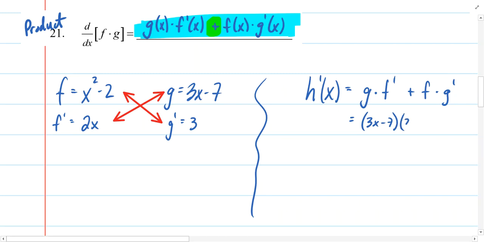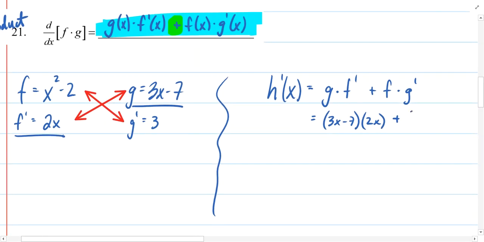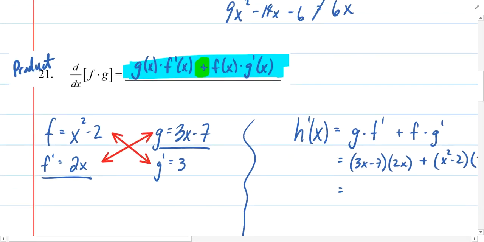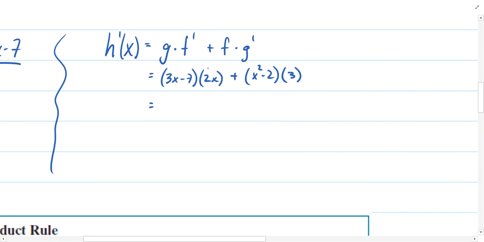We said that f prime was 2x. So I'm going to jot that down. G times f prime. To that I will add f, which was x squared minus 2, times g prime, which was 3.